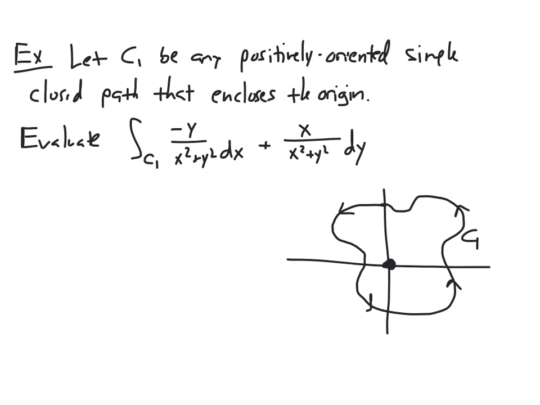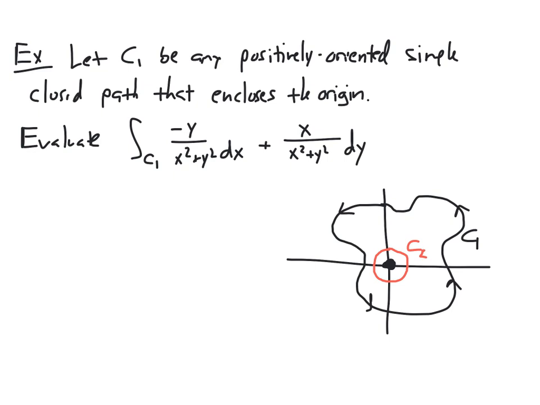Now, because the origin is inside this region, I know that there is some circle centered at the origin that lies entirely in this region as well, inside the curve. And so, for example, if I pick C1 to be what I drew here, I could pick this circle here and call it C2, right?